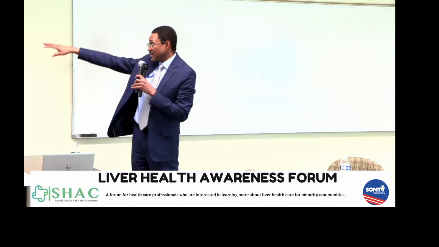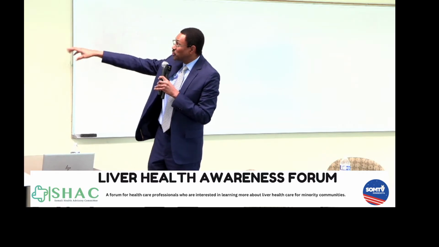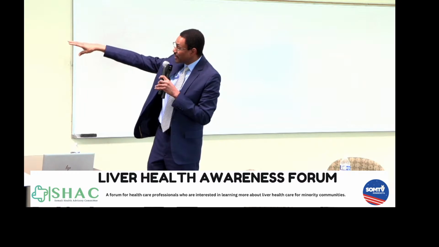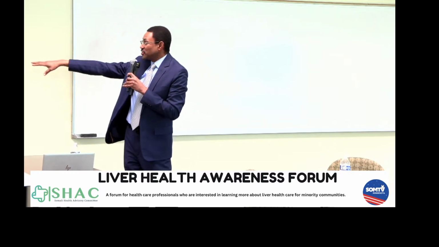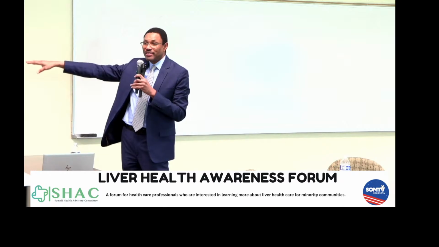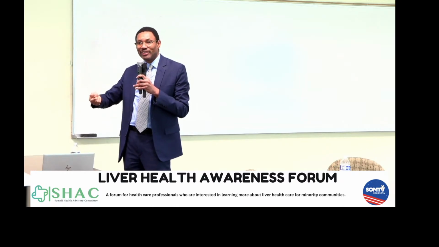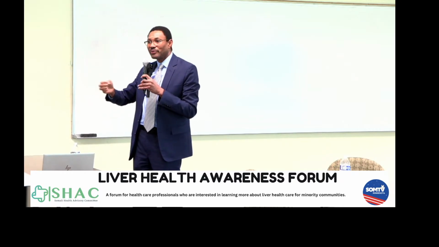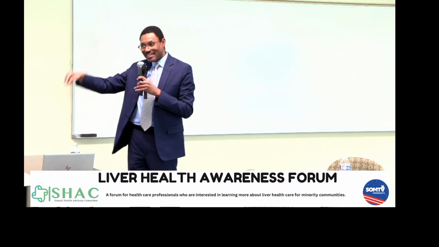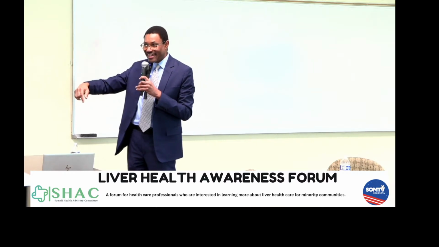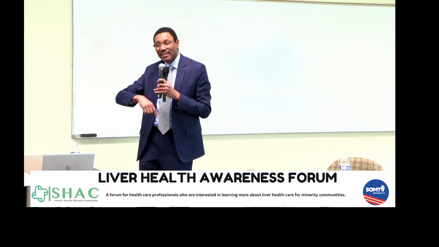You can see here that individuals who came from, for example, West Africa, more than 50% of them were under the age of 50 at the time of their diagnosis with liver cancer. So the people in the United States being diagnosed with liver cancer, their age at diagnosis tracks with where they were born.